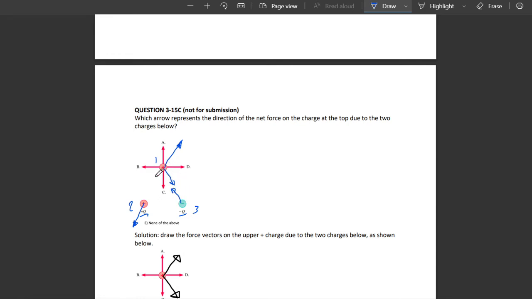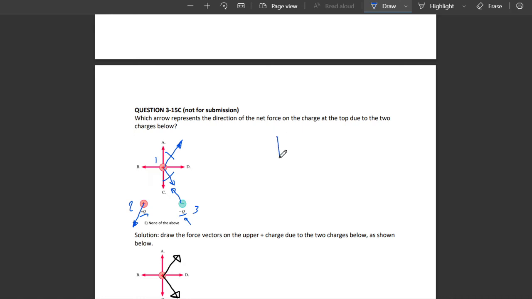And presumably, since these look pretty equidistant to particle 1 here, we can say that the forces in these directions are equal because the charges are equal between particles 2 and 3. It's just that the direction is not.